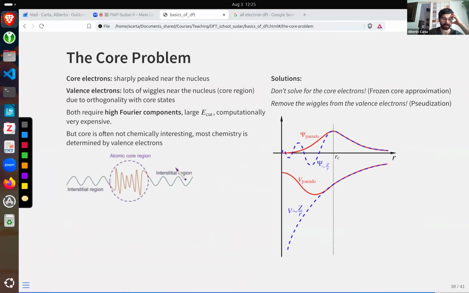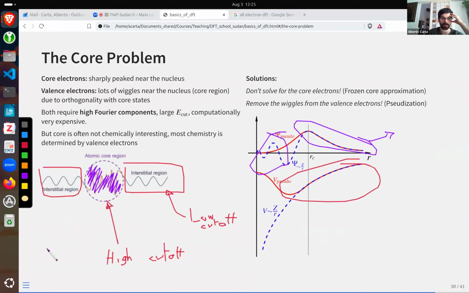If we look at a wave function with small G, it is going to be very wide in periodic space.